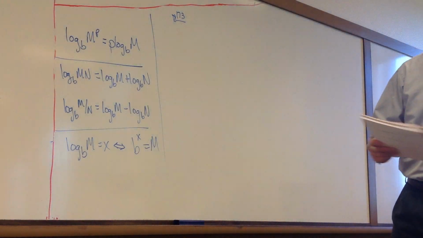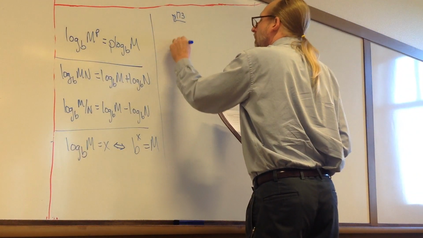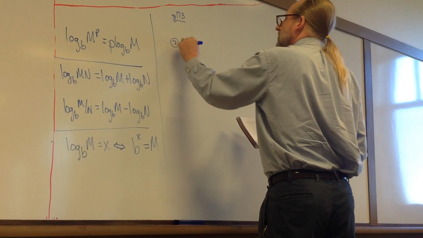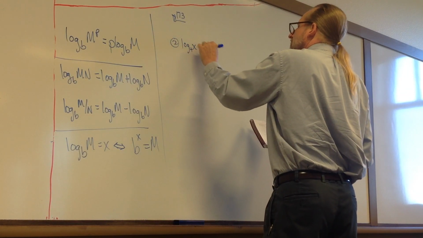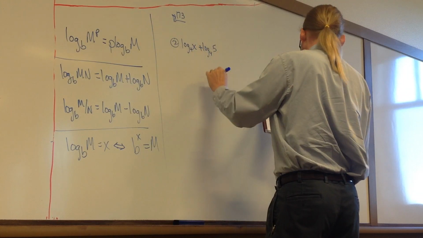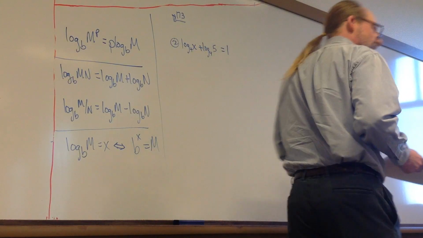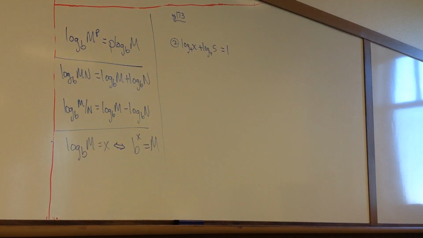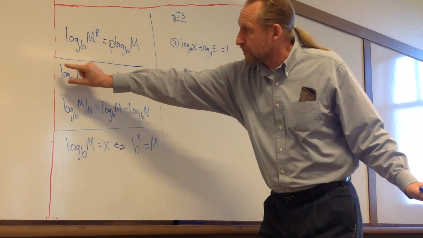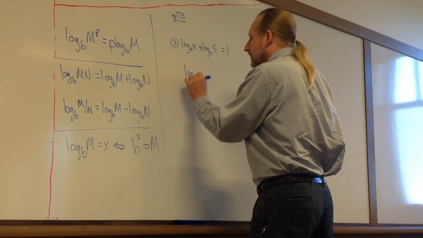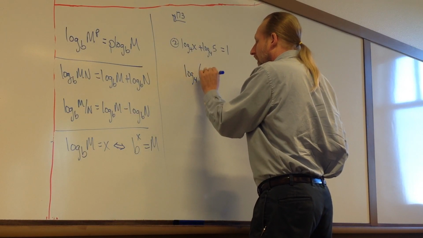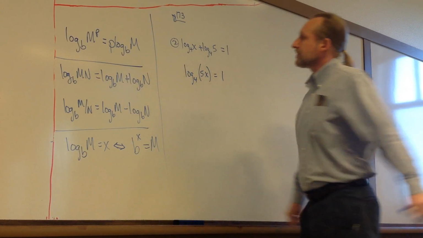And let's see. We'll start with problem 2. And that says log to the base 4 of x plus log to the base 4 of 5 equals 1. Okay. So we're going to use this property of logarithms right here, and we're going to rewrite this as log to the base 4 of 5 times x.